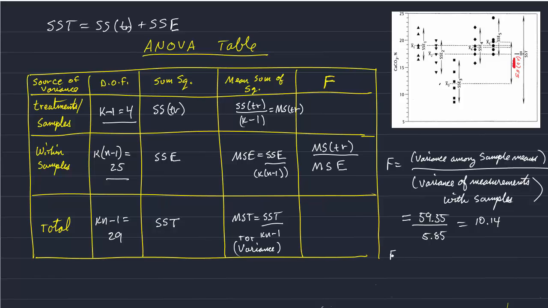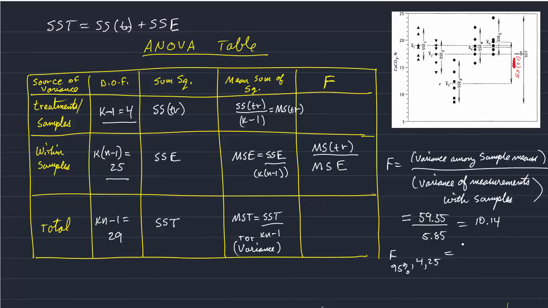So we have to compare that to the critical F, and let's say our significance level is 5%, and we have the number of degrees of freedom in the numerator, which in this case is 4, and the number of degrees of freedom in the denominator, which in this case is 25. Oh, and I'm just realizing that we need to look at the right tail of the F distribution, the 95% level of F with the 5% significance level.